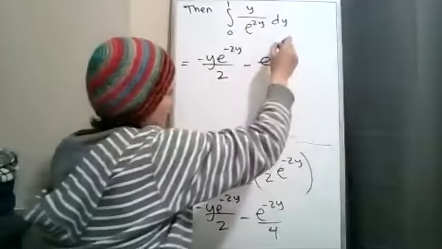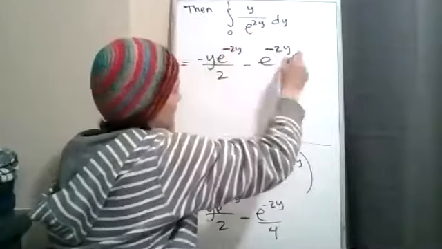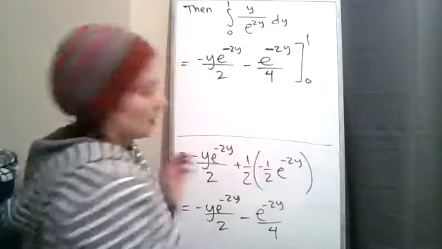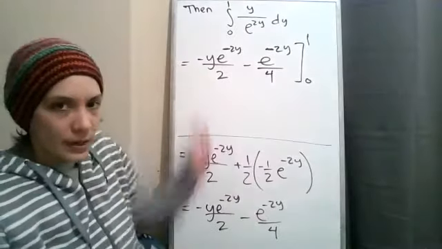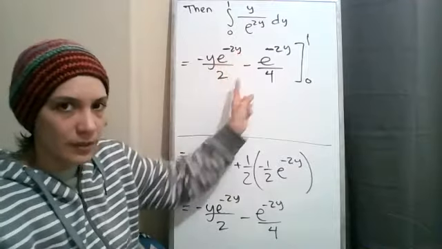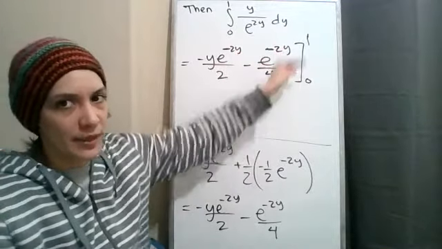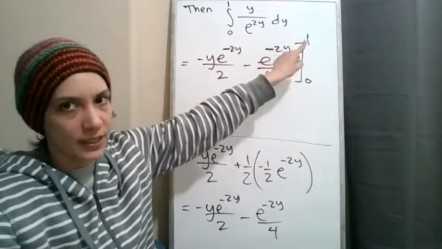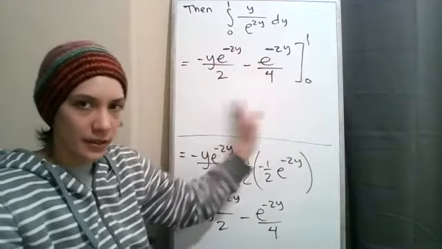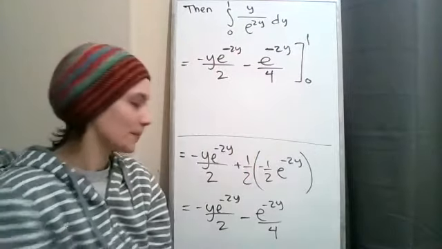Subtract e to the negative 2y over 4. Okay, so I've written what we got down here. Negative y e to the negative 2y over 2 minus e to the negative 2y over 4, evaluate from 0 to 1. So you put in 1 through everything, subtract putting in 0 through everything, and simplify.